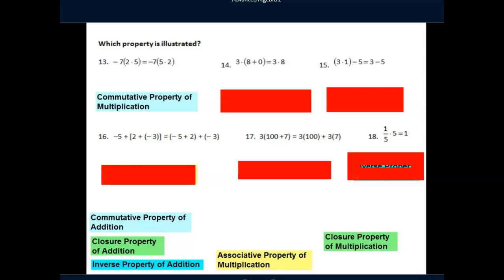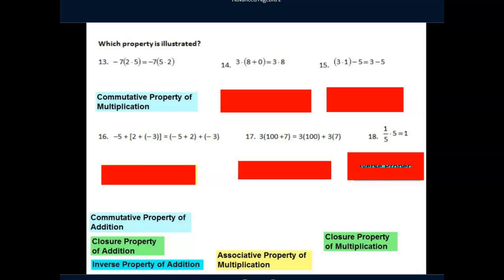So I need 3 pieces of information. I need you to tell me commutative, and I need you to tell me if it's multiplication or addition. So when you're doing these and practicing, you need to make sure you put the property and then if it's multiplication or addition.